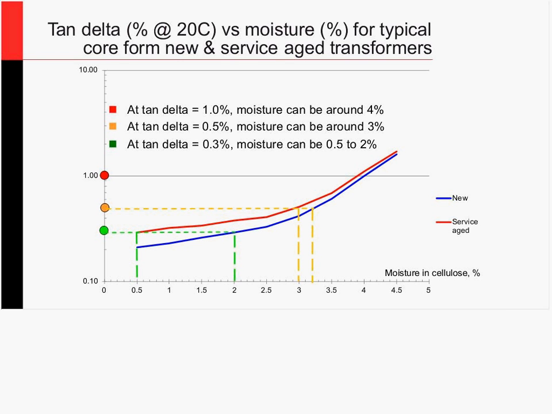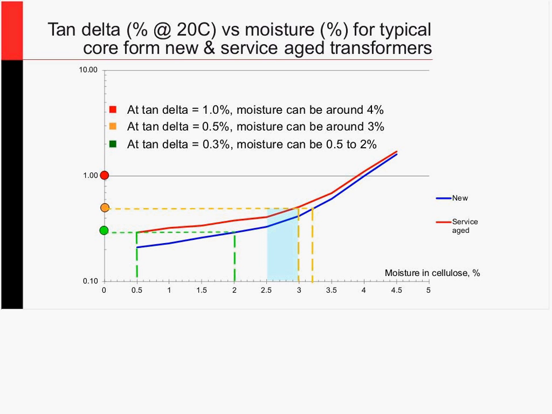Another thing I would point out about this picture is the slope of these curves. Wherever the red and the blue curves are relatively flat, that's telling me that power factor isn't responding to increasing moisture contamination. As I get wetter and wetter, there's some kind of response, but it's extremely small.